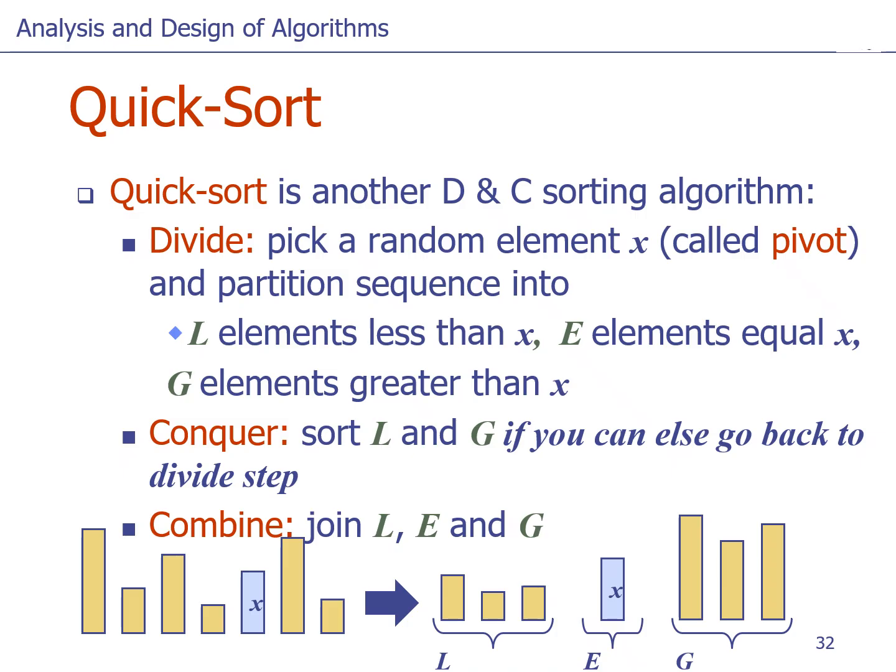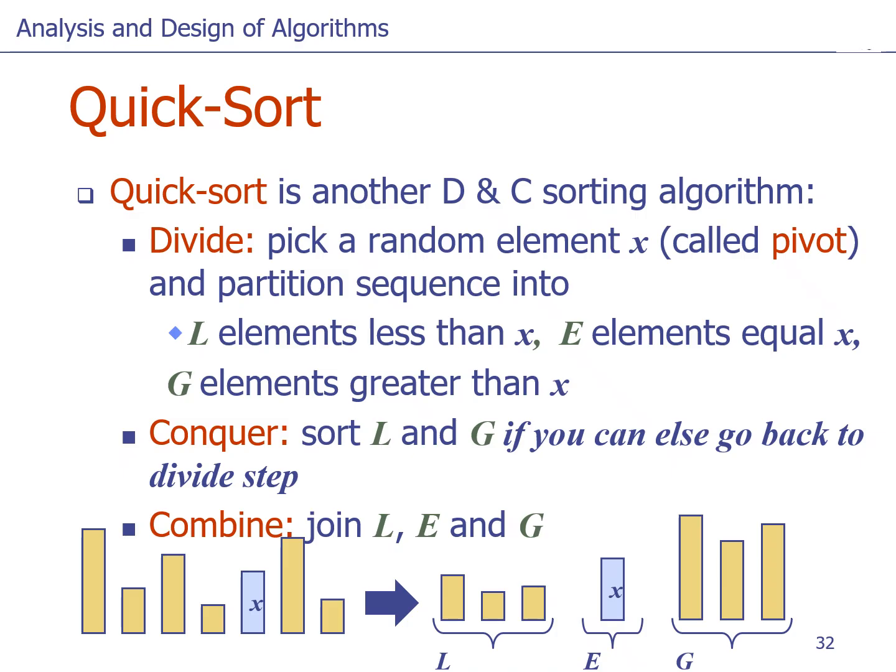Now, if you look here, what should you be confident about if you look at the chart at the bottom right? The only thing that you're confident that you have actually accomplished here is that X is in the right place. And this is a very important observation. What we've just done is we have found the right place of X in the final sorted array, in the final output.